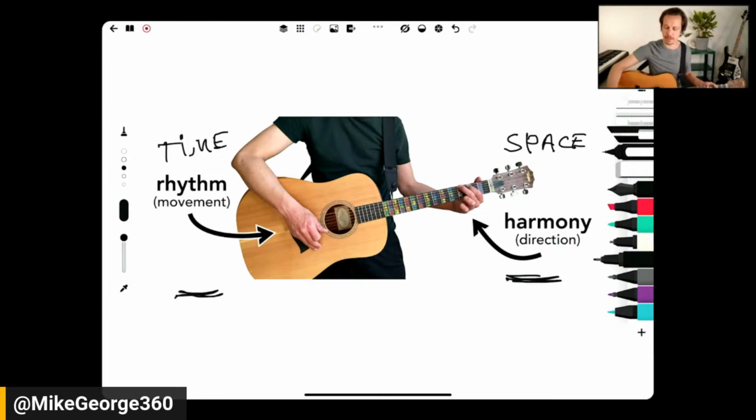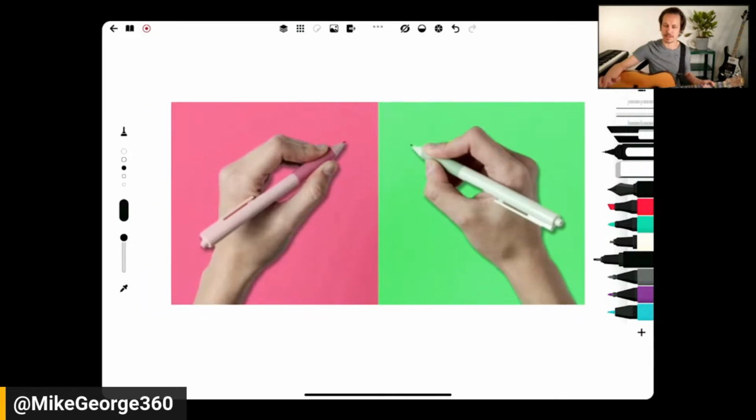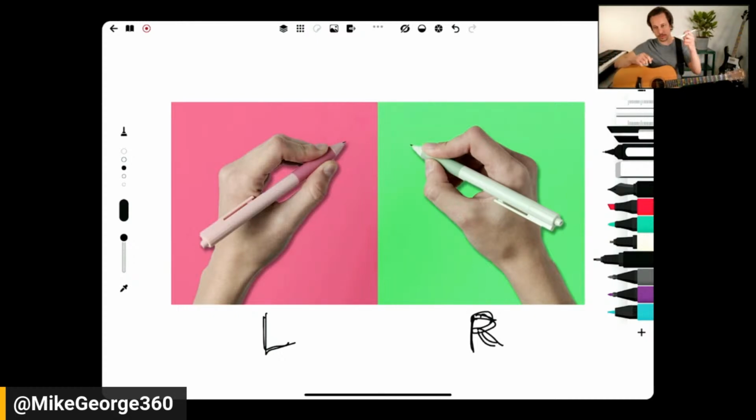But one thing that is interesting that I have to note is that whether you're left-handed or right-handed, your handedness really dictates how you move through the world in a big way. If you're left-handed, you hold a pencil or a pen in your left hand and you write, and it's your dominant hand.